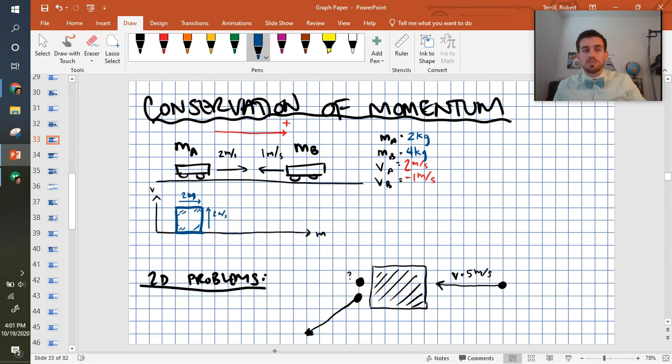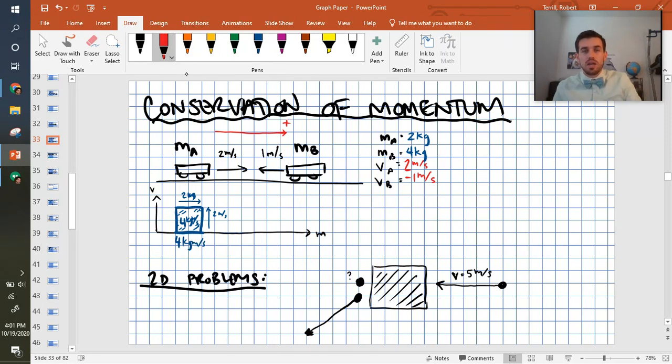So there's this momentum, and if we find the area of this particular doohickey, it's 4 kilogram meters per second. Doohickey is the official scientific word. I'm going to write that below because it's a little bit hard to see there. 4 kilogram meters per second.